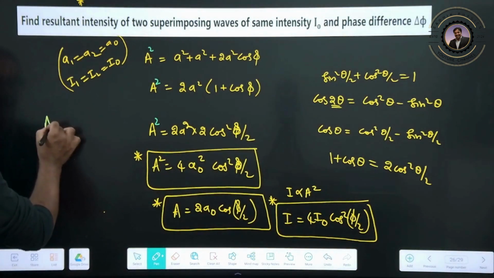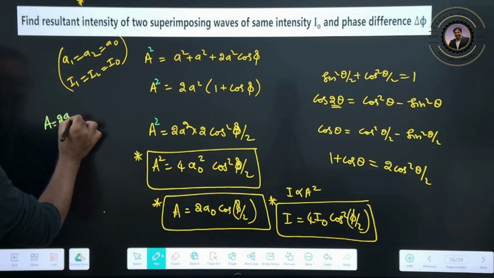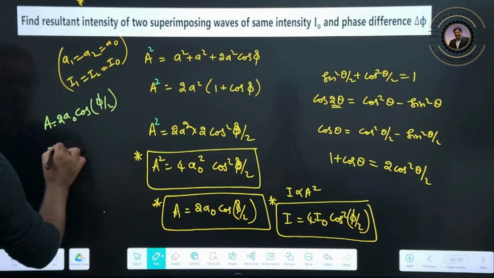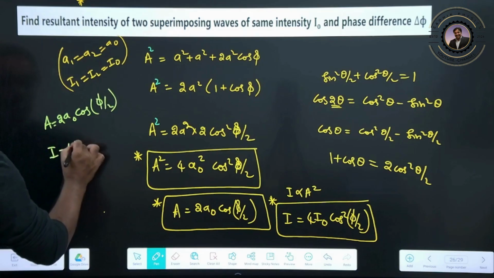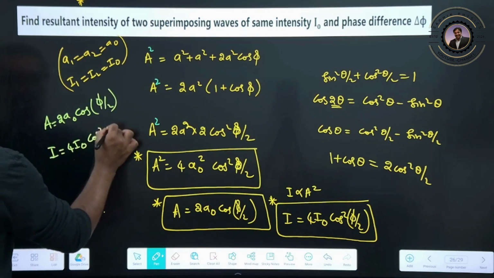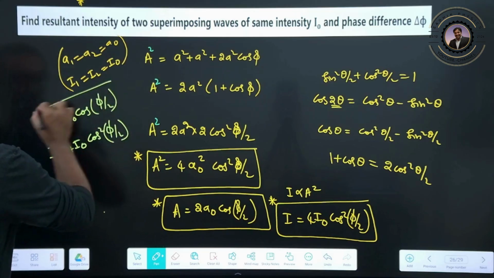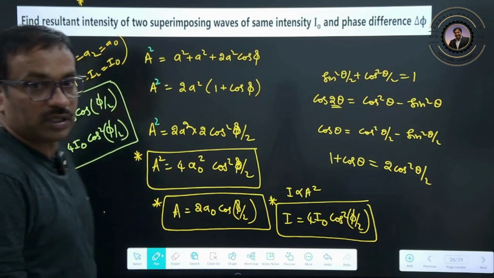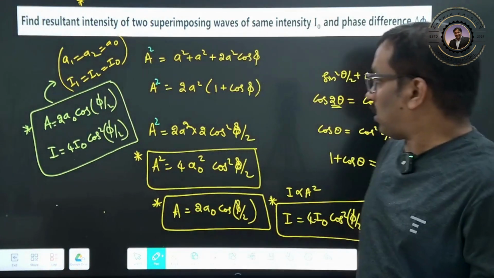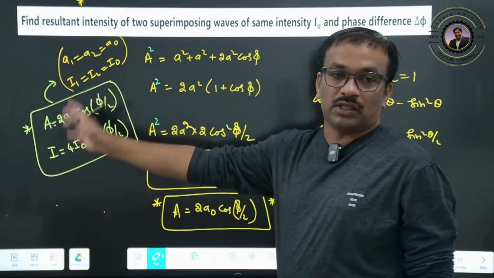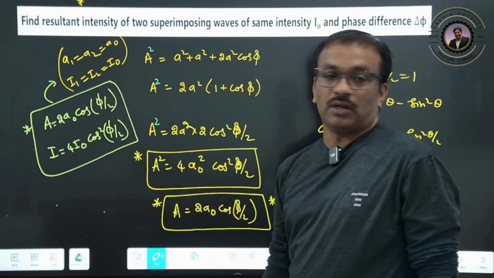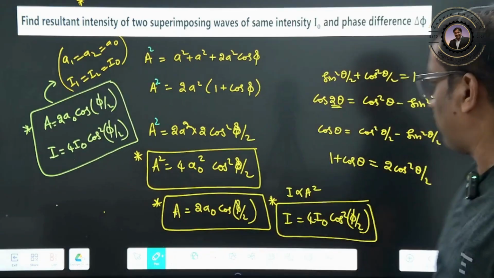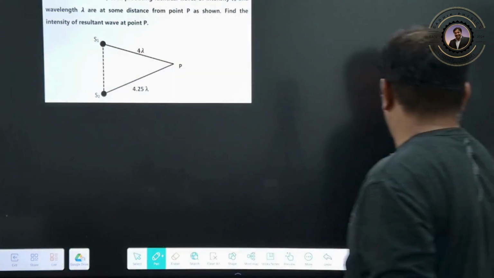Therefore A is equal to 2 A naught into cos of phi by 2, and I is equal to 4 I naught cos square phi by 2. These are the two formulas. I am telling you, very important. Should we make it on fingertips compulsory? Clear? So, next question.